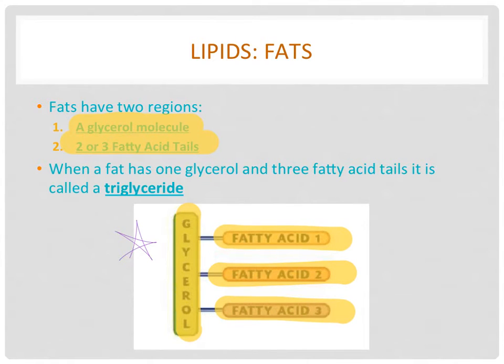Now, when a fat has 1 glycerol and it has 3 fatty acid tails, it is called a triglyceride. And the reason it's called a triglyceride is because the prefix tri means 3. So that refers to our 3 fatty acid tails. And the ending glyceride refers to the fact that there is a glycerol molecule that they are attached to.